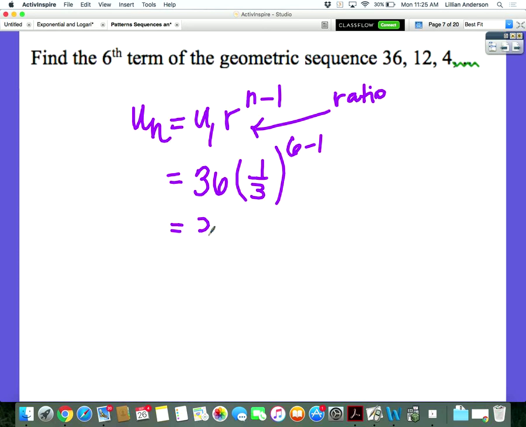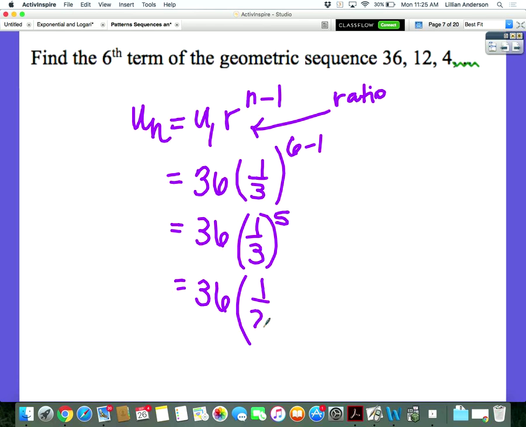So you basically have 36 times 1/3 to the 5th. Please do not multiply 36 and 1/3. Only the 1/3 is being raised to the 5th power. If you knew your powers of 3, like I asked you to last year, you should know your powers of 3 up to 5. It's 243. And if you notice, 243 and 36 are divisible by what number? 9.